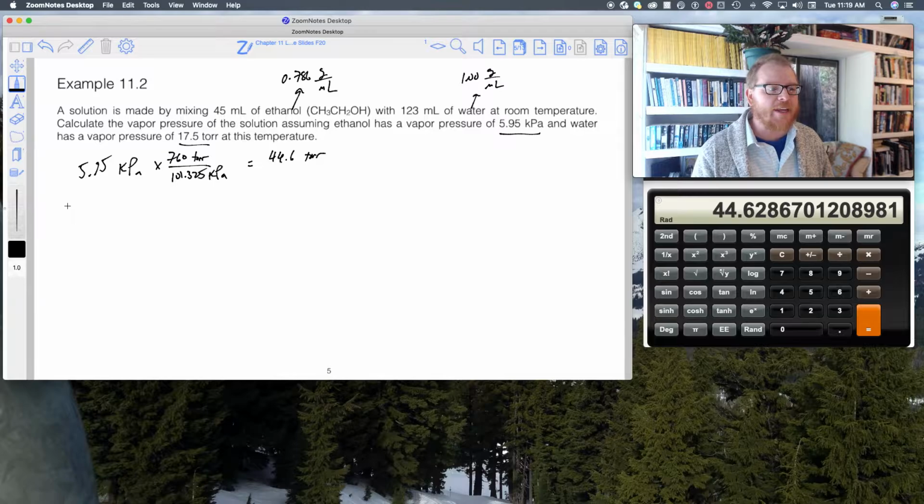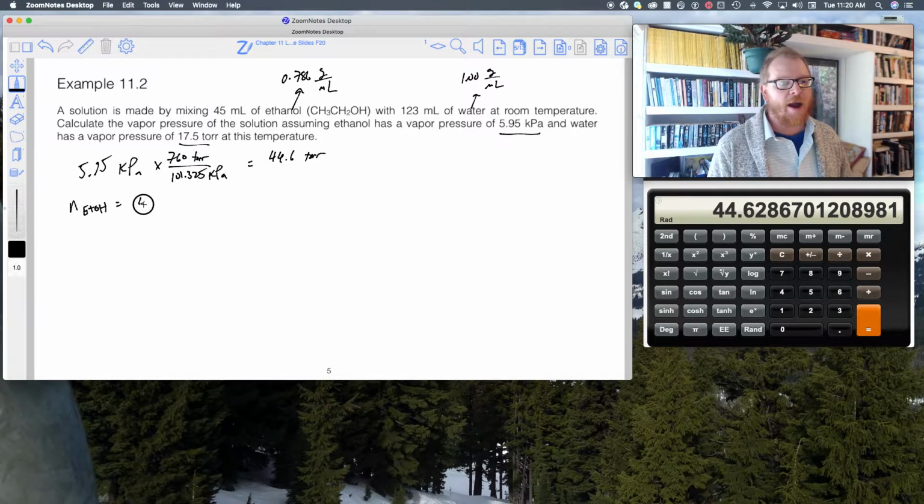So now, first I'm going to calculate the number of moles of ethanol, which I abbreviate as EtOH. Okay, and so that's going to be my 45 milliliters times, now my density says 1 milliliter is 0.786 grams. And then now I gave you the formula.